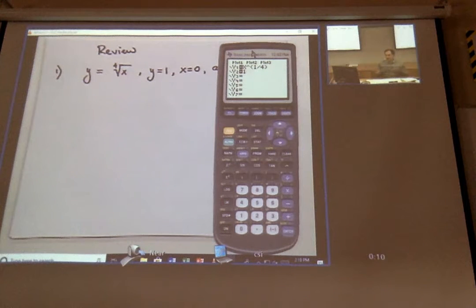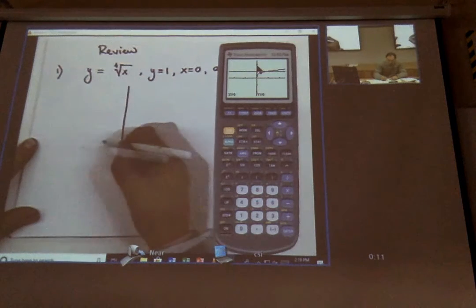So here's my fourth root of x and there's a line, obviously too small. So let's zoom in and see what we get. It's a little bit better. Now we really have to pick up the right area, the one enclosed by the fourth root of x, y equals 1, and x equals 0. So this triangle-ish piece is what we have.